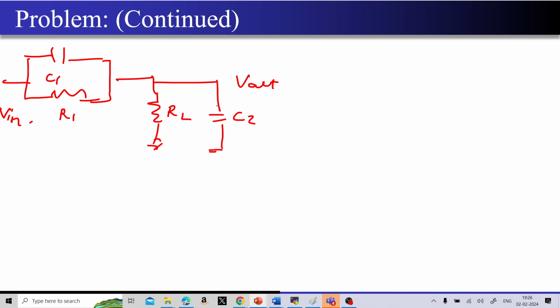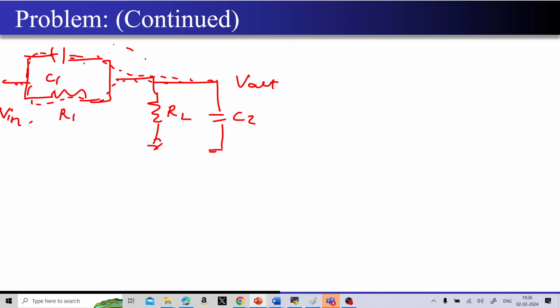Correct? Now again let's try to think about the zeros first. What did you see? There are two parallel paths that can reach from the V in to the V out at the same time. If I can have an impedance in such a manner that the phase shift between these two paths is exactly 180 degrees, I will definitely get a 0. So now we intuitively feel that there definitely exists a 0, and how can you calculate it?